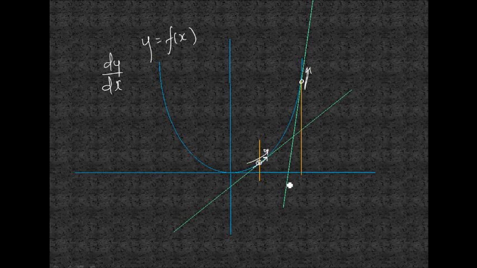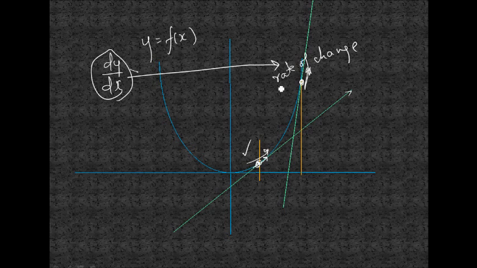Because the tangent is much more steep than the tangent in this place, right? Therefore the rate of change is higher here than in this place. So dy/dx at this point, which is the slope of the tangent, is greater than the dy/dx at this point. Therefore dy/dx actually gives us the rate of change for any function.